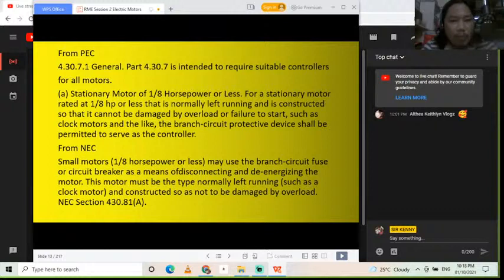So, for stationary motor rated at 1/8 horsepower or less, that is normally left running and is constructed so that it cannot be damaged. And from National Electrical Code naman, small motors, 1/8 horsepower or less, may use the branch circuit fuse or circuit breaker as a means of disconnecting and de-energizing. So, nandun po, nasusulat.